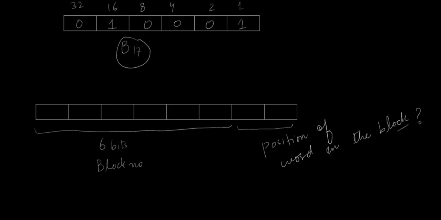So because our block number is 17, which is 0, 1, 0, 0, 0, 1, and the last 2 bits are, I guess, again 0, 1.